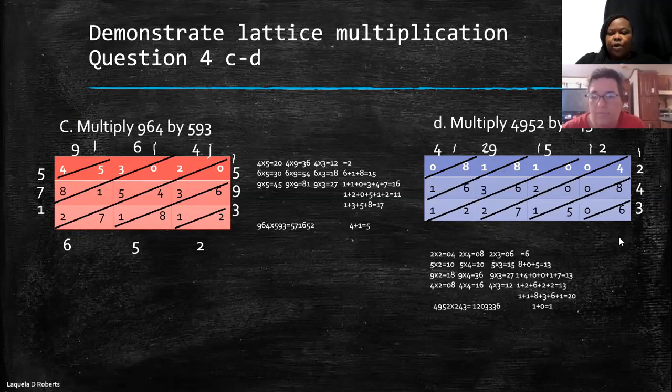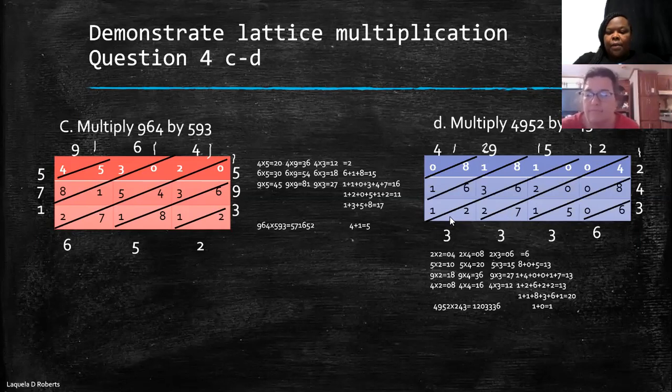So as you see, we're going to bring some numbers down. We're going to bring that 6 down. And then you're going to add 8 plus 0 and 5. You're going to get 13. You're always going to carry when it's a bigger number that has 2 digits. And then you're going to have 1 plus 4 plus 0 plus 0 plus 1 plus 7 to give you 13 again.